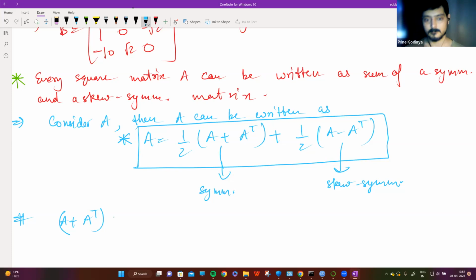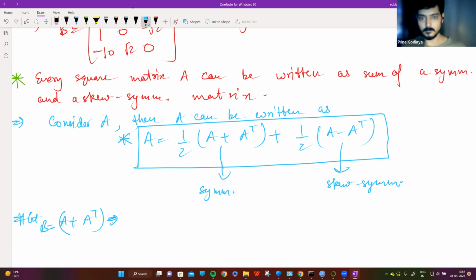Now, how do we check that? Let this A plus A transpose be some other matrix B. So A and A transpose, after adding up, will give us some matrix, and I'm naming that matrix B. So I'm saying that B is a symmetric matrix. If B is a symmetric matrix, then it will only be possible if B dash is equal to B, right?